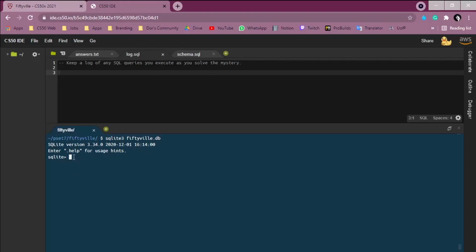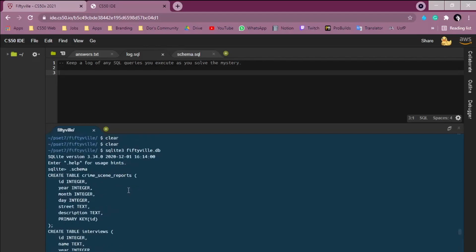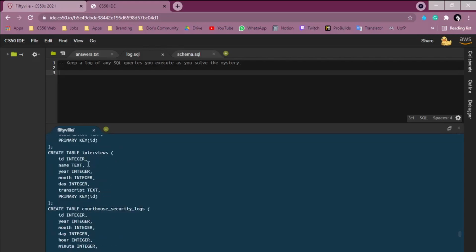So first, let's see what information we have. We can do this using .schema, okay? And here we can find all the tables that we have in our hands. So we have the table crime scene reports, where we have the year, month, day, street, and descriptions of the crime scenes. We have the table interviews, where we have the name, year, month, day, and transcript of the interviews.